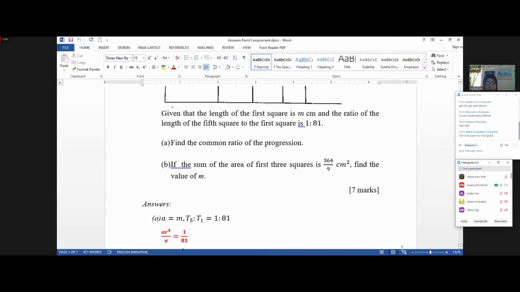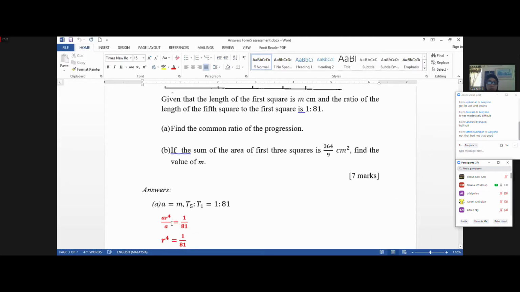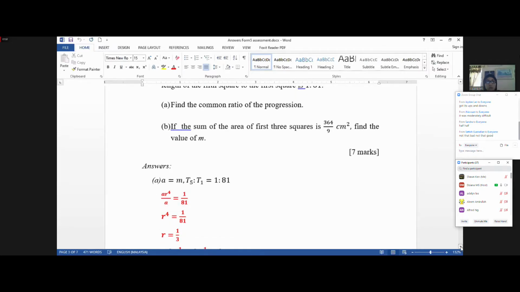T5 here is AR power of 4, T1 here is A or m. I'm using A because it's easier for me to get rid of it. R to the power of 4 is 1 over 81 because I cancel off the A, and R is 1 over 3. So 1 mark each for this working.